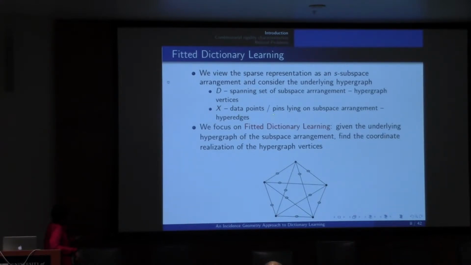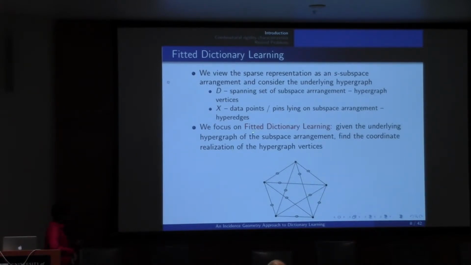So the geometry problem is that you're given the data points, think of them as pins, where you're trying to find a bunch of subspaces of a certain dimension, which is the sparsity S, with the property that this set of subspaces contains all the pins that are given to you, right? So given a bunch of pins, you want to find a set of points so that the points span a bunch of small-dimensional, S-dimensional subspaces such that all the pins lie on those.